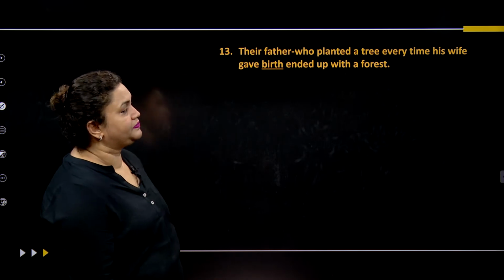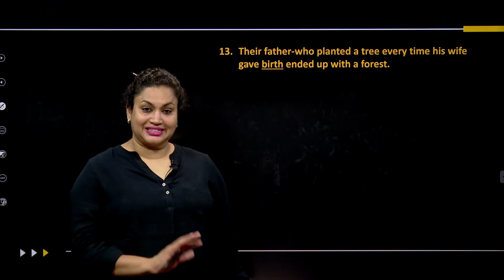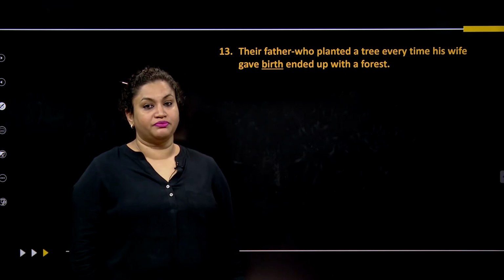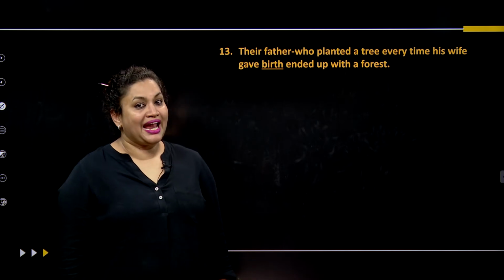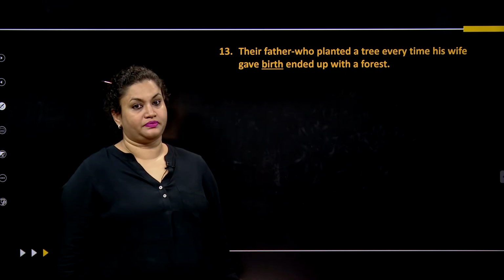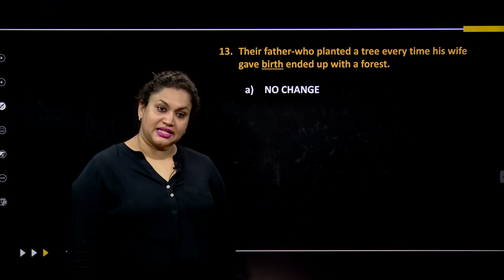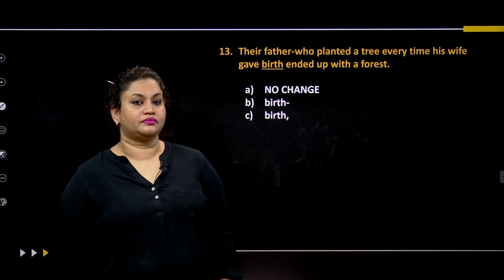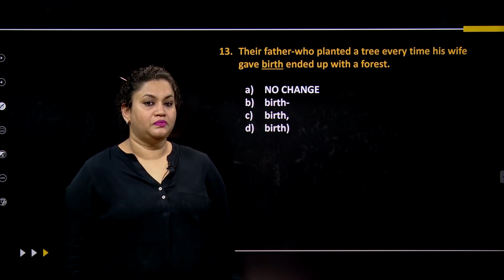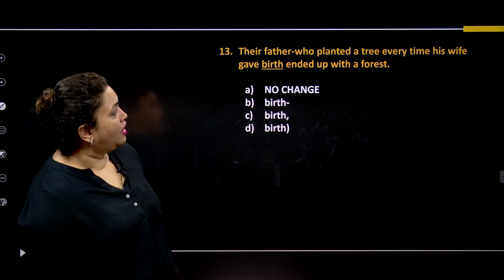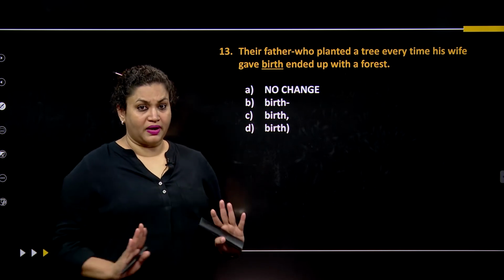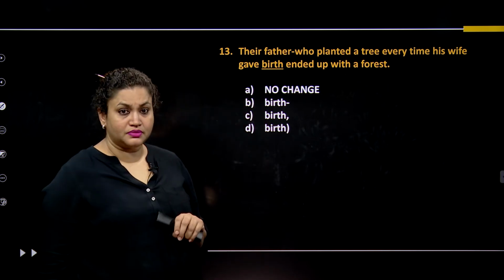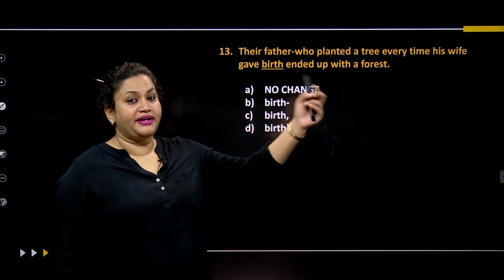Their father, who planted a tree every time his wife gave birth, ended up with a forest. Let's see the options. Now here, always rule number 1, the father, okay, who planted.